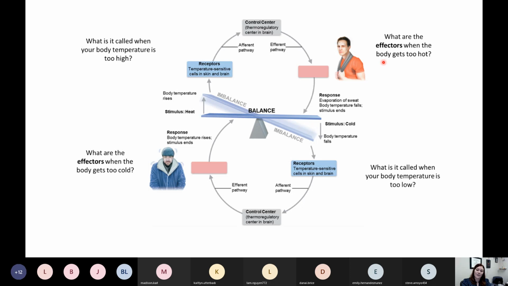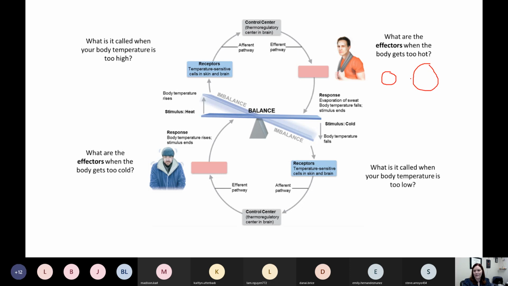The second response, though, when I'm too hot, is I also talk to my blood vessels. I also talk to my effector, being the blood vessels. When you are too hot, let me get my pen, we take a blood vessel that's normally this size, and we turn it to this size. We do what's called vasodilation.